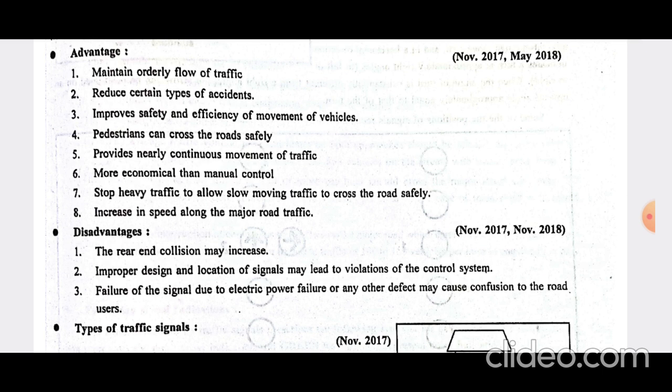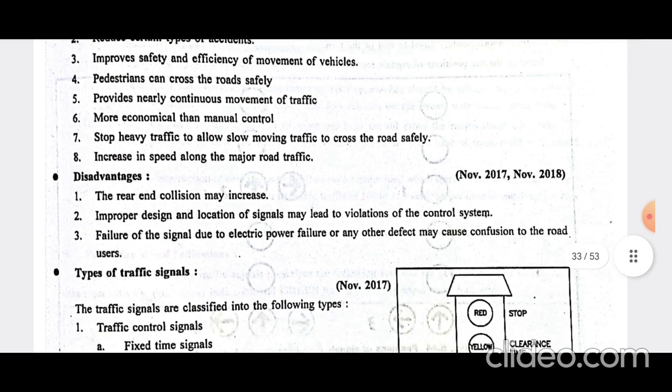Now here there are some disadvantages also of a traffic signal. So here one of the disadvantages is that rear end collision may be increased, because if the traffic signal is red and the rear vehicle sees the red light at that time, vehicle collision is increased.